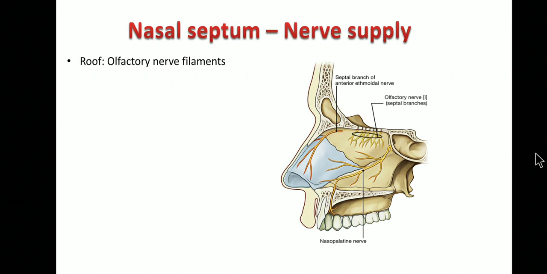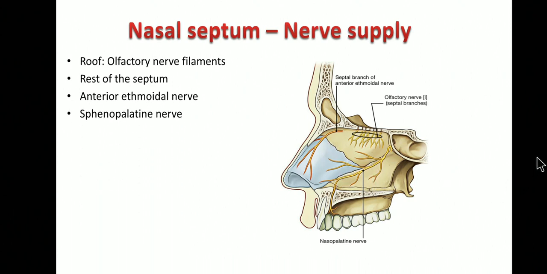The remaining part, the respiratory zone, is supplied mainly by nerves which carry general sensation. The anterior superior part is supplied by the anterior ethmoidal nerve. The intermediate part is supplied by the sphenopalatine branch, the long sphenopalatine nerve, and you also have branches from the greater palatine nerves.